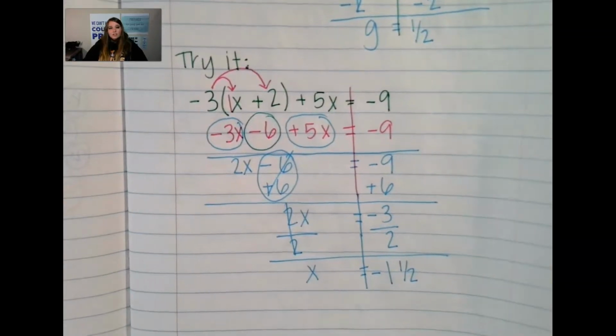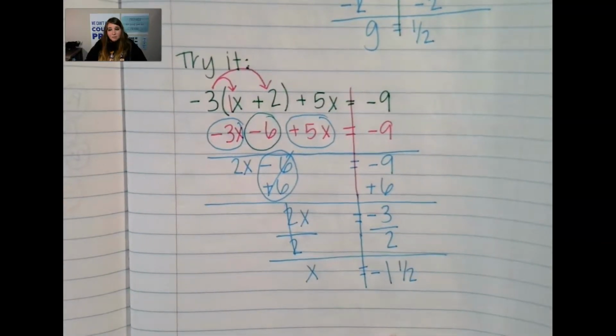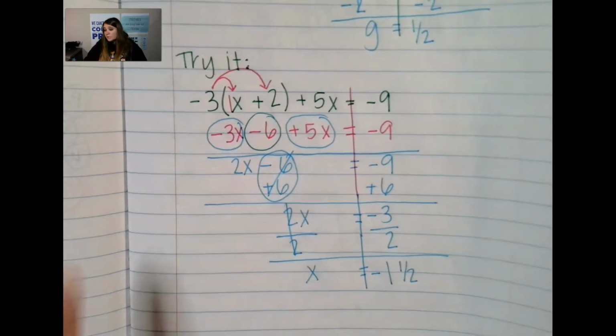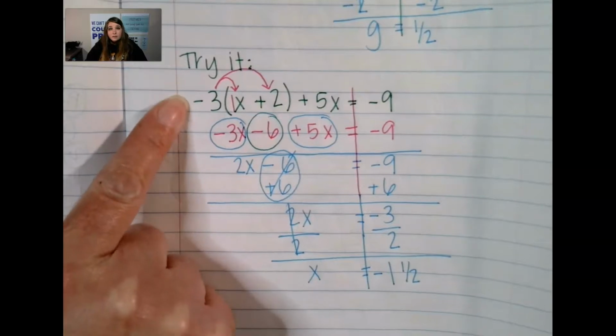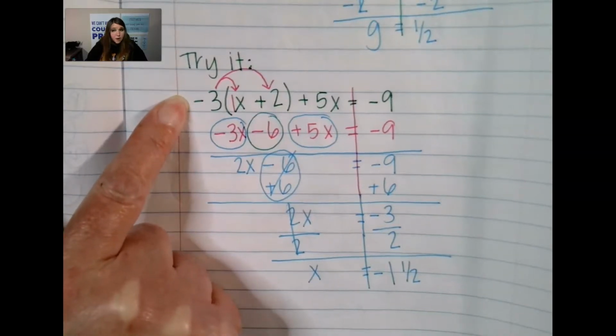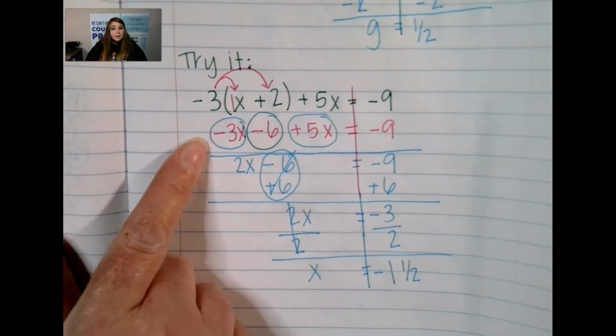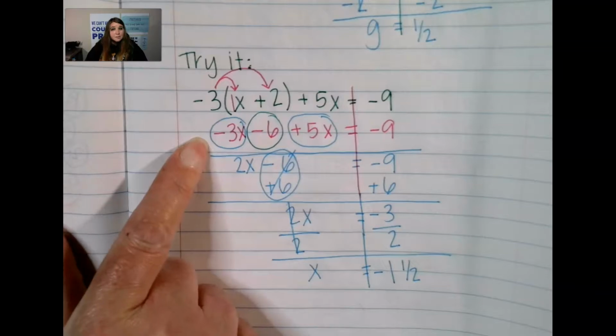All right, how did you do solving this problem? If you made a mistake, where was it? Was it in the distributive property? If so, that's what we still need to practice. Was it in combining like terms?